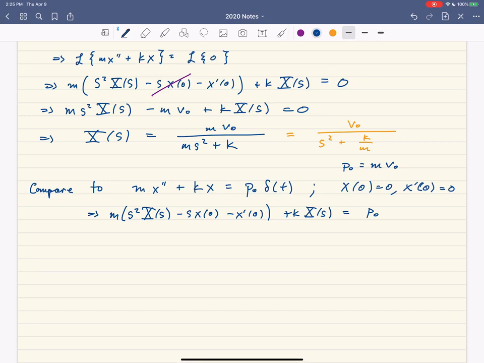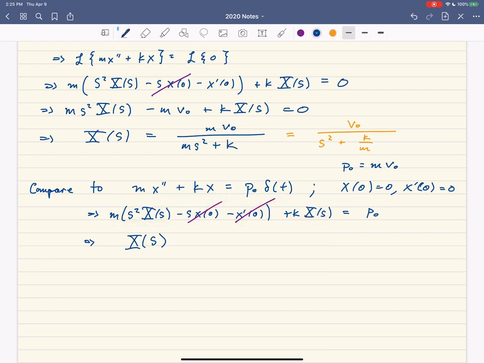If we take everything here, we notice that x of 0 is 0 and x prime of 0 is 0. We're going to solve for capital X just like we did before. All we have on the left side of our equation is terms that have a capital X in them, right? The other ones are gone.